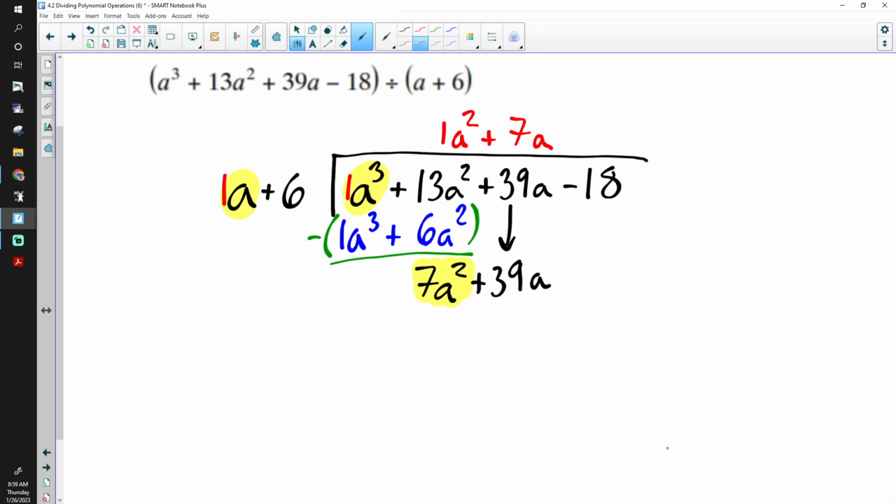Okay, but your variables do match up down the columns. And now we multiply everything by 7a. 7a times 1a is my 7a squared. 7a times 6 is positive 42a.